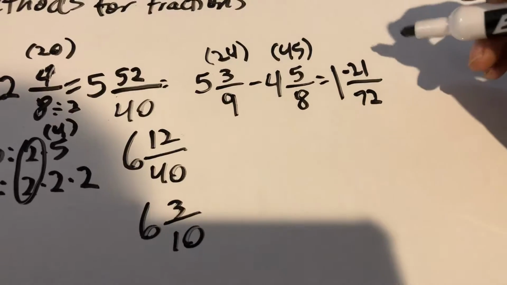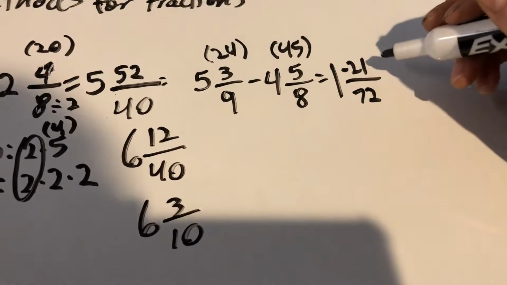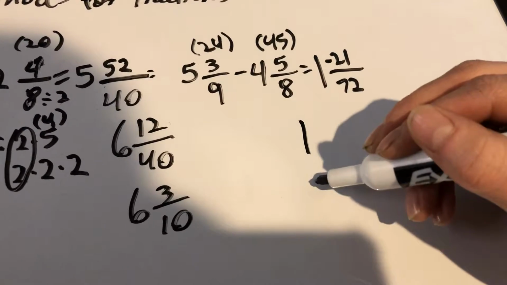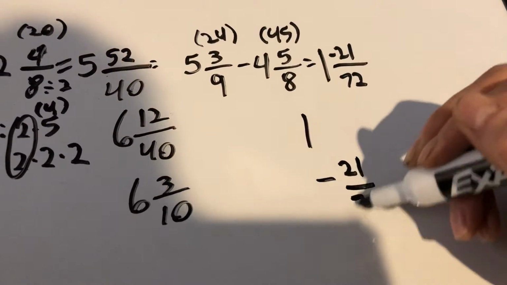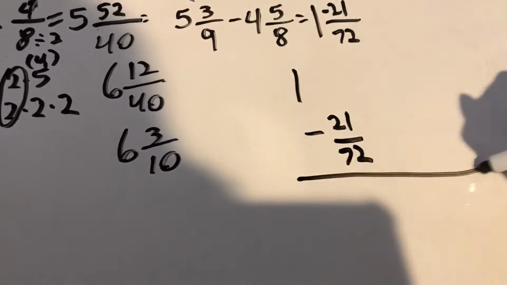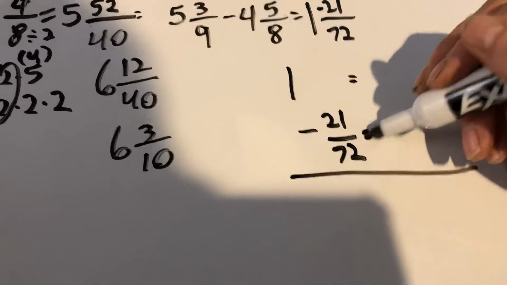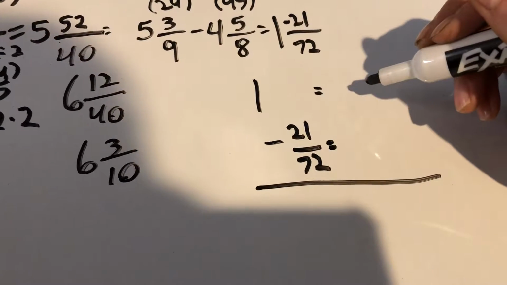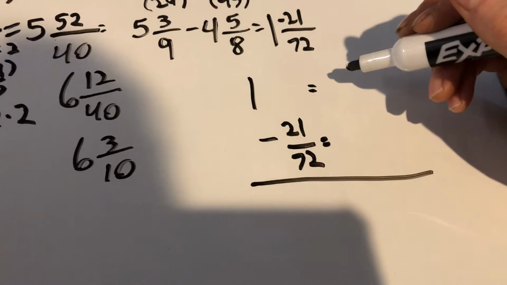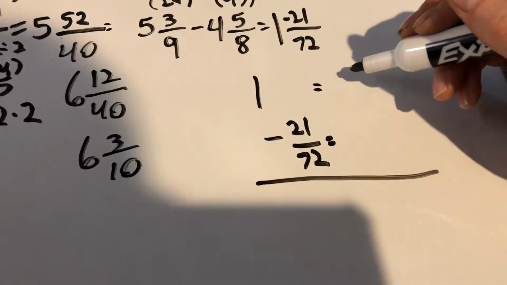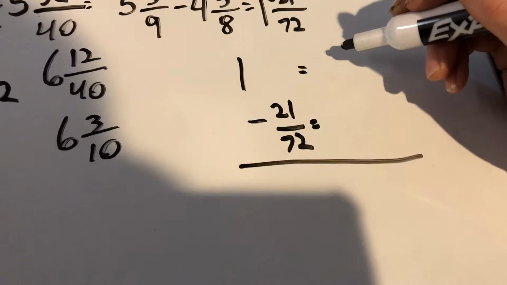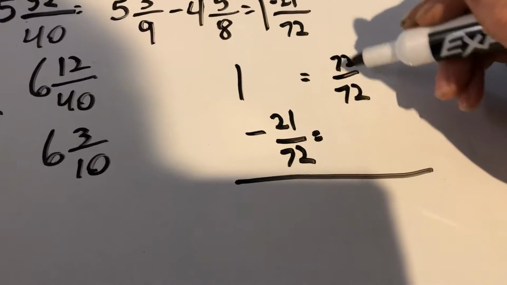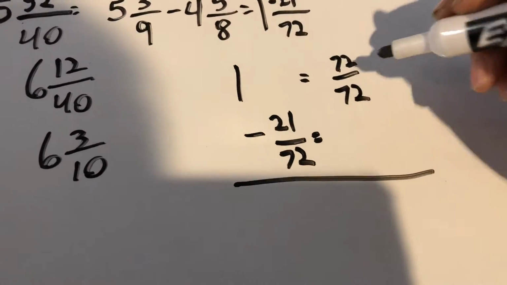So now we got 1 negative 21 over 72. This one right here is the same thing as 1 minus 21 over 72. So to get this readjusted, we cross out the 1, make that a 0. Add the numerators and denominators, 72 over 72, because 72 divided by 72 equals 1.